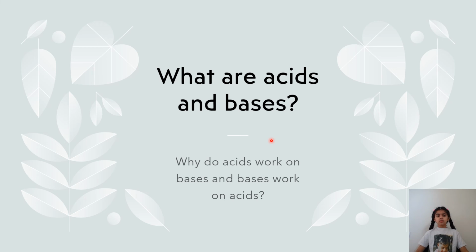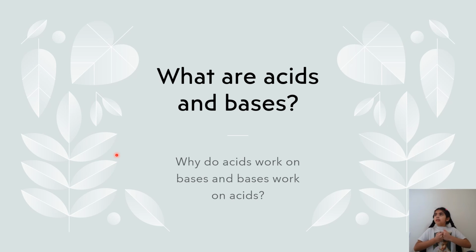But our next question is, why do acids work on bases and bases work on acids? Why is that? It's because acids and bases neutralize each other, like we already learned about the neutralization reaction in this video.